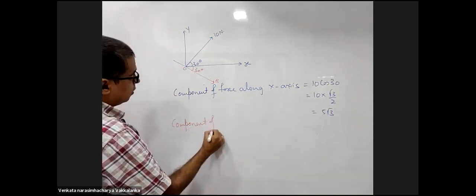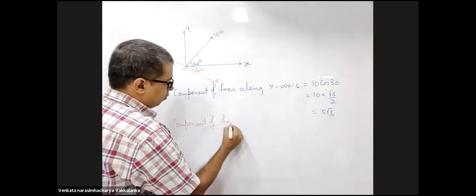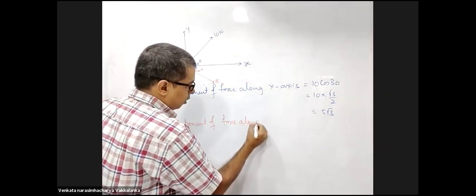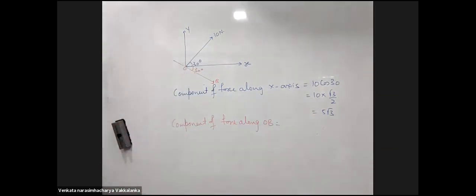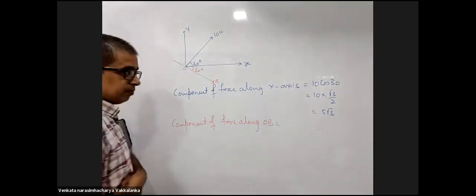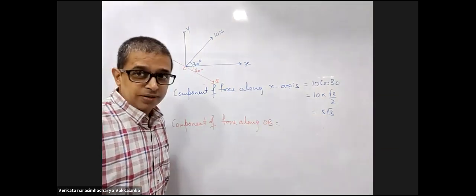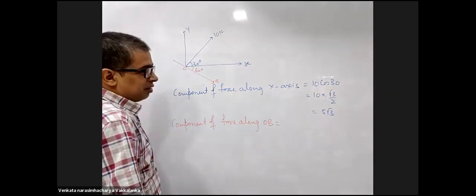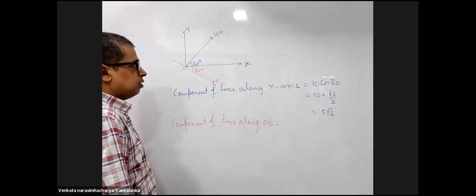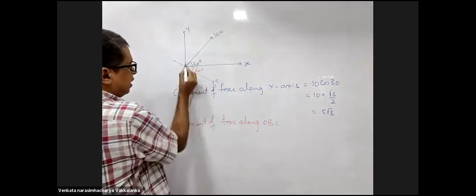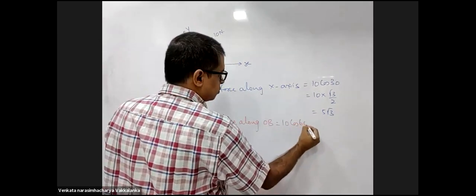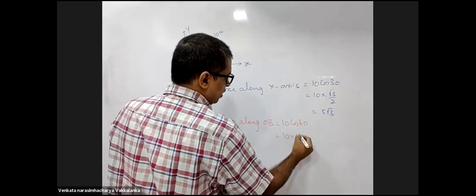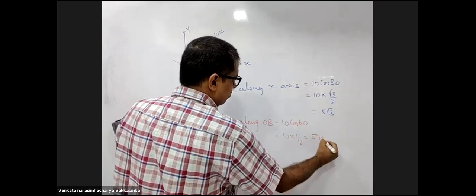Component of force along OB. Somebody told the answer, 5 root 3 sin theta. Sir, 5 Newton. 10 cos 60. 10 into 1 by 2. 5 Newton.